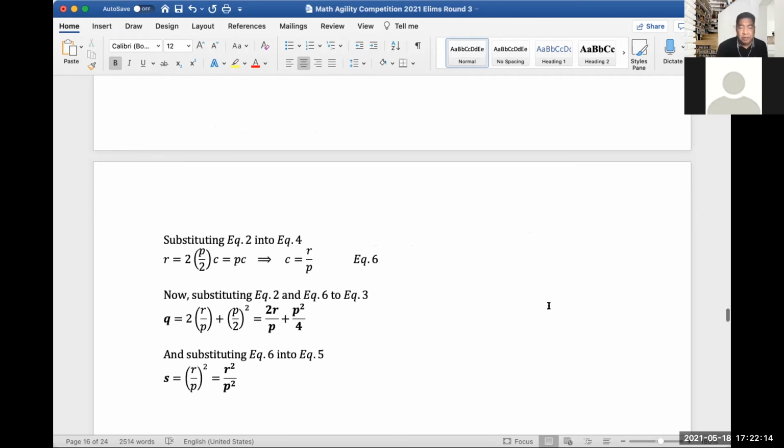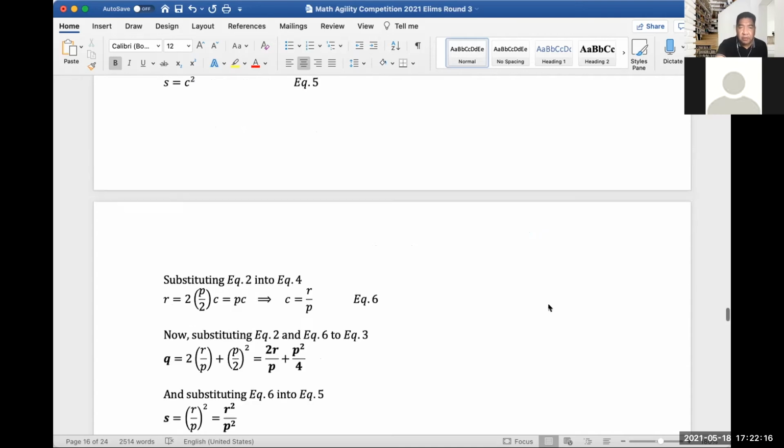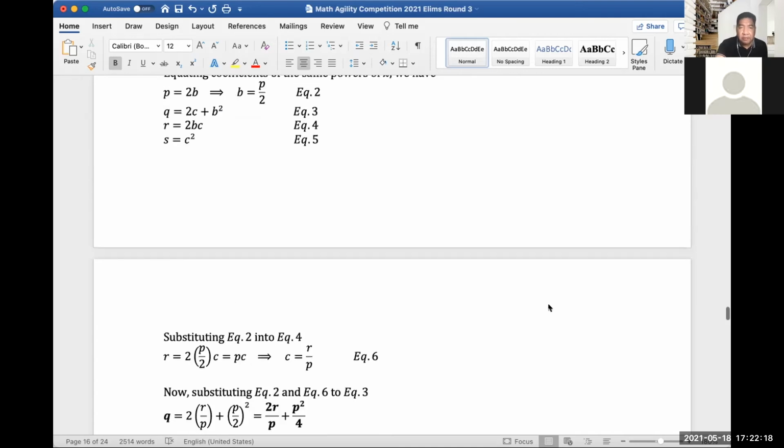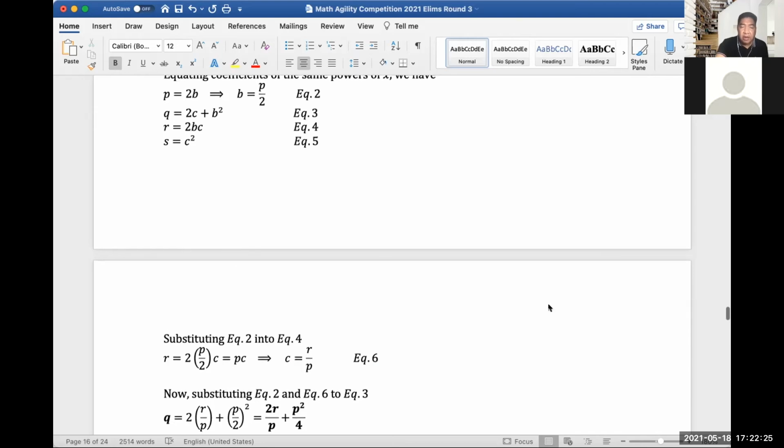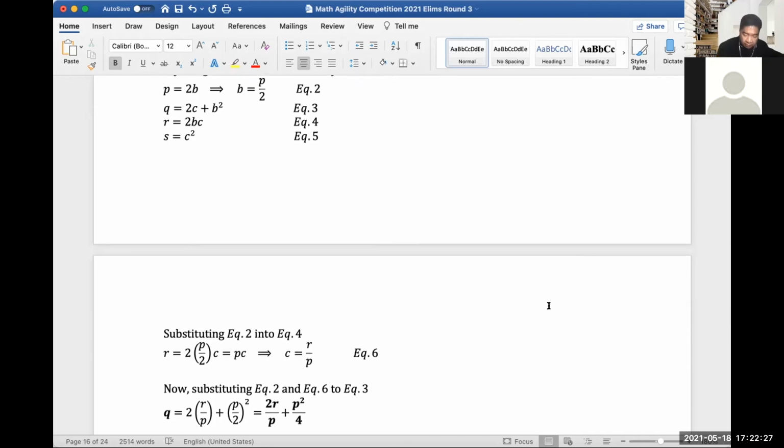So if we substitute equation 2 in equation 4, so equation 2 is b equals p over 2, into equation 4, which is 2bc. So we eliminate the variable b, right? In this case here, we will be able to solve c is equal to r over p. That's equation 6.